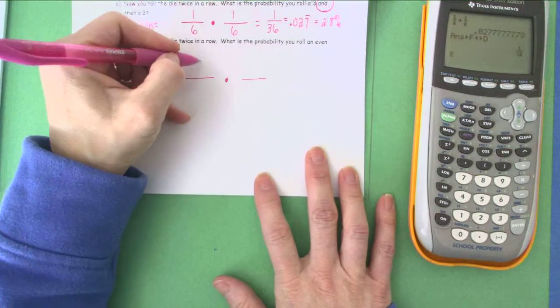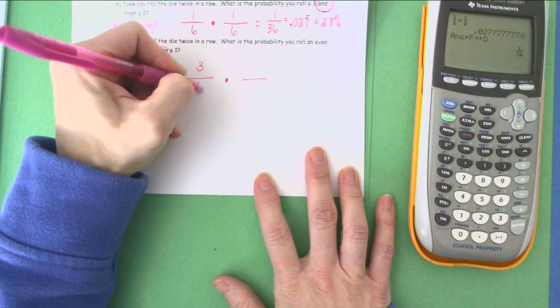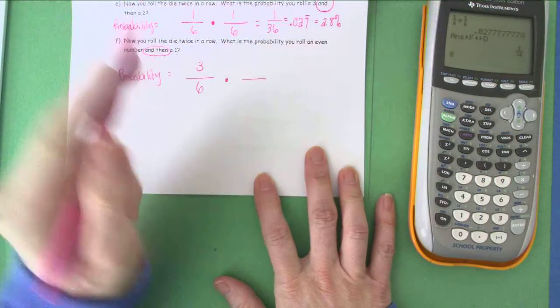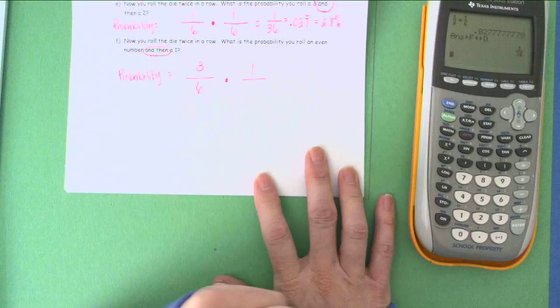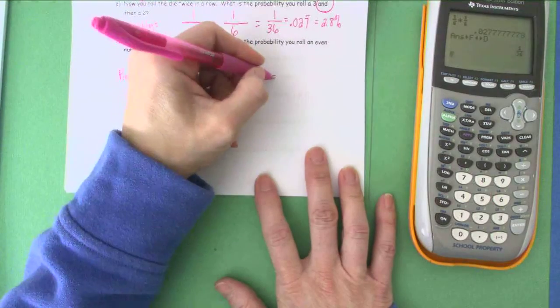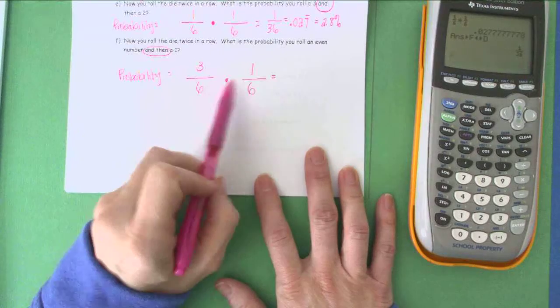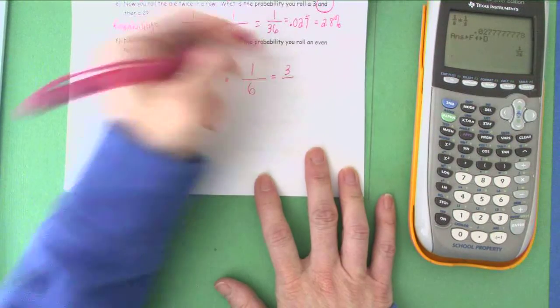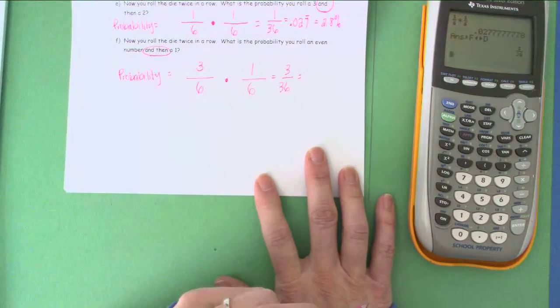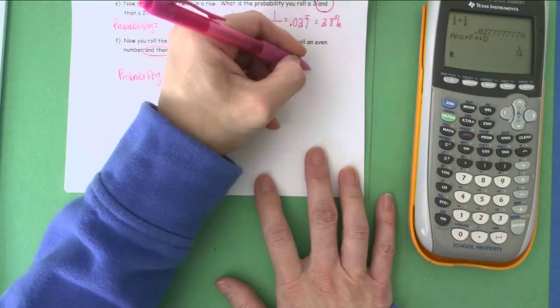There are 3 even numbers on a 6-sided die. And then a 1, there's only one side that has the number 1 on it out of 6 sides. So I multiply across. 3 times 1 is 3. 6 times 6 is 36. 3 divided by 36 reduces to 1/12.